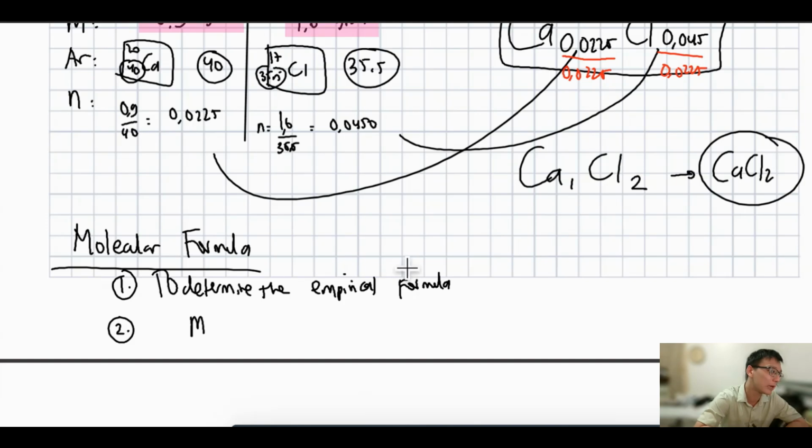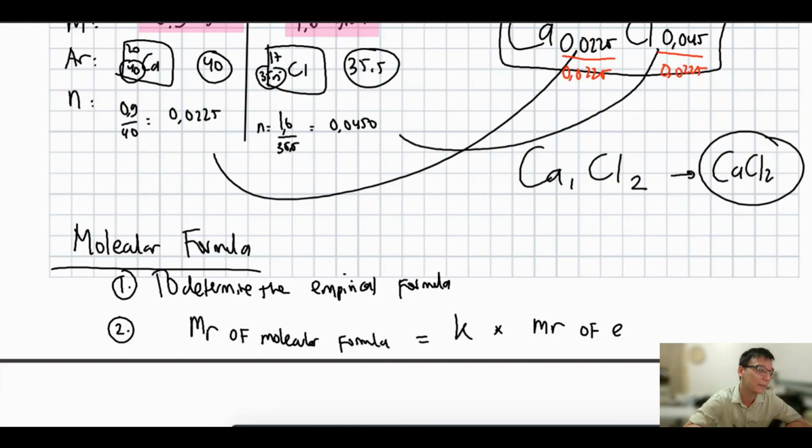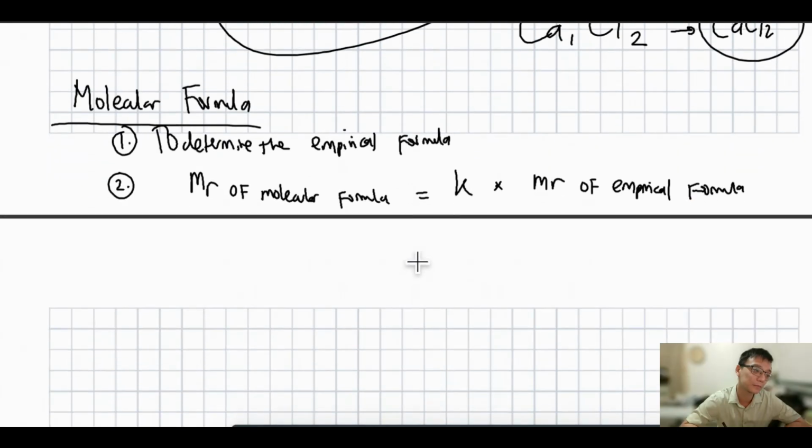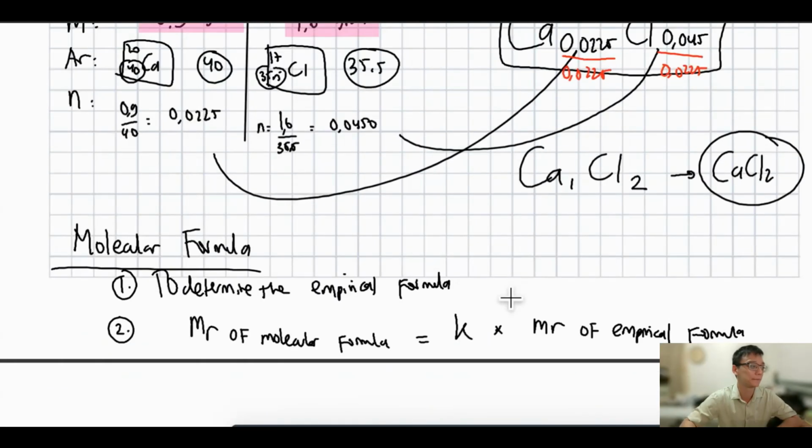How? We plug in this formula. So the molecular formula equals, let's say, K multiplied by the molecular mass of the empirical formula. Okay? Now let's use this as an example.